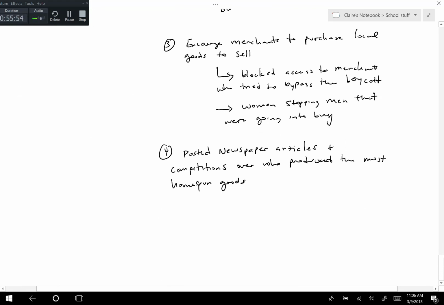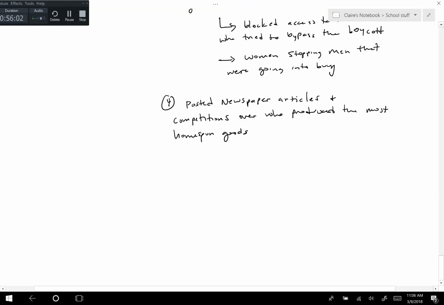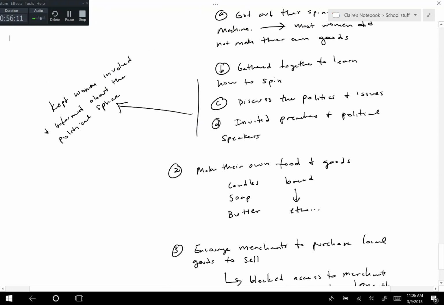So ultimately, this is successful in pushing for a repeal of, again, not quite everything, but they get a repeal of most of it. And certainly people are so happy to stop the boycott.